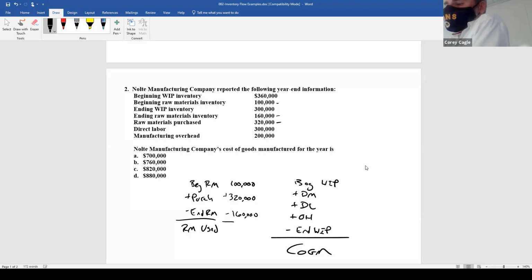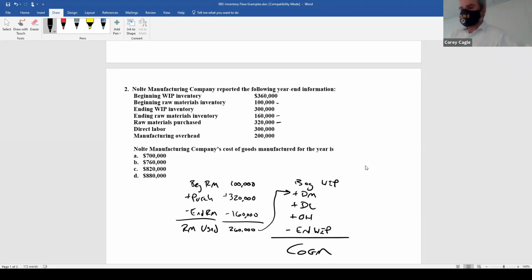So evidently I used the rest. So $260,000 of raw materials used. And that is going to be used in this formula.